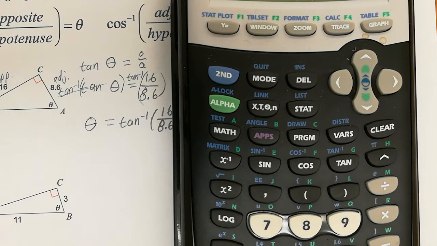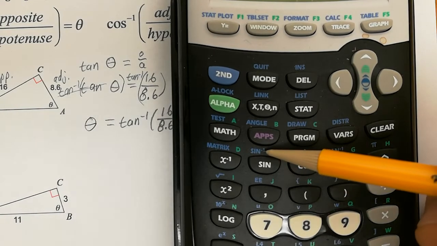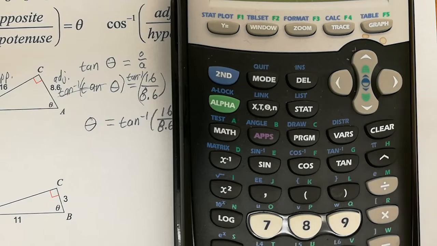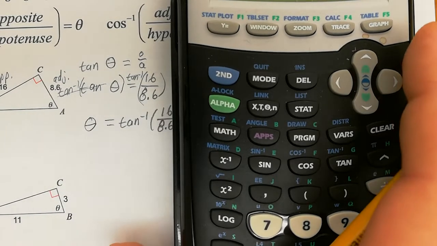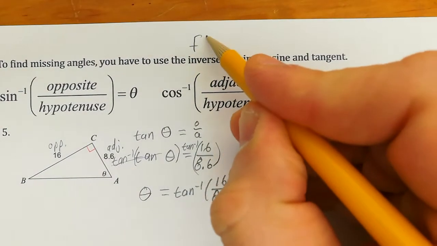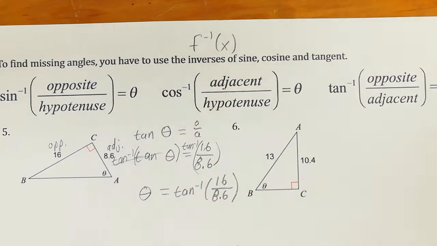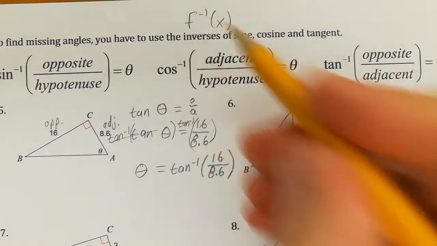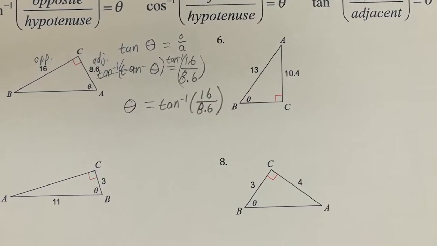Now, that's not how you say it, by the way. You say inverse sine, inverse cosine, inverse tangent. There's no actual raising to the -1 power here. That's just how it's written to indicate an inverse. You might remember that to indicate an inverse function, you use the little -1. It's the same kind of idea: that's the inverse of f of x, or f inverse of x.